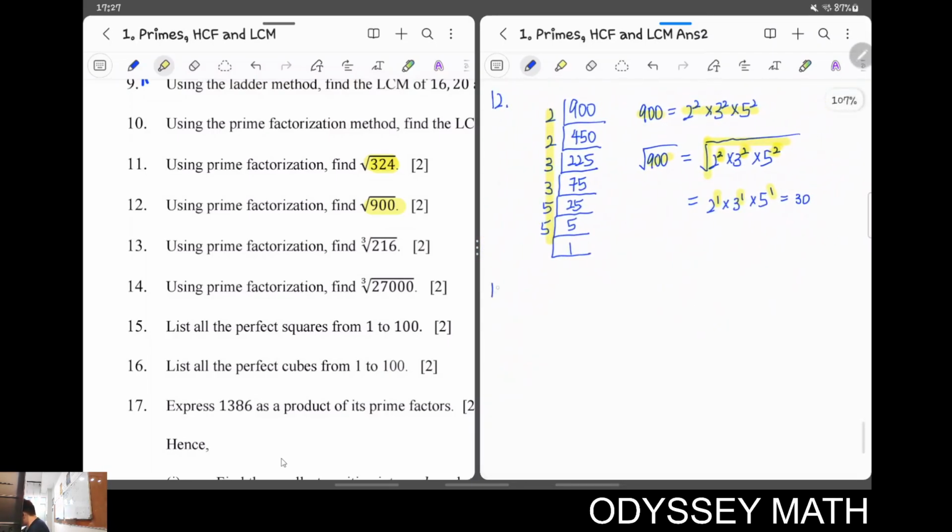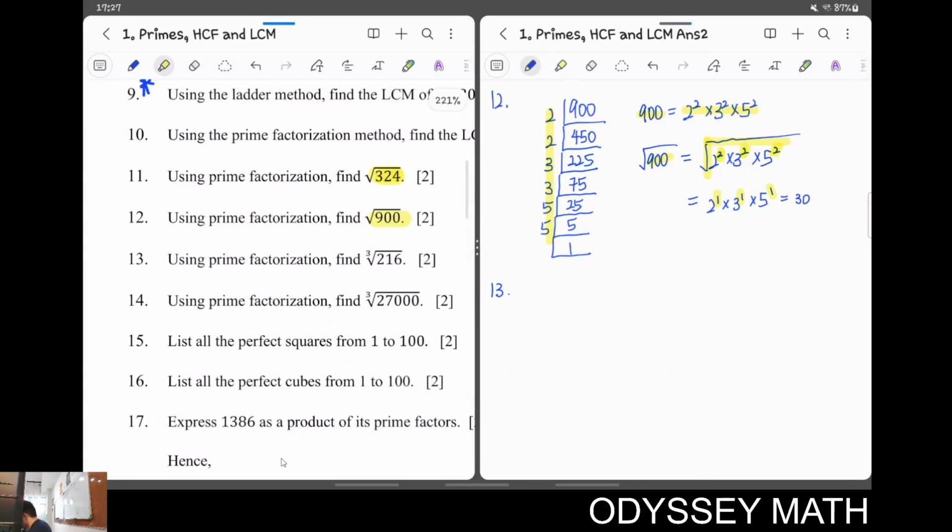So now let's do question number 13 over here. Question number 13. Using prime factorization, find the cube root of 216. Okay, again, we focus on the 216 over here. So we're going to prime factorize 216 now. So 216, we're going to put 2. Okay, so we have 108.